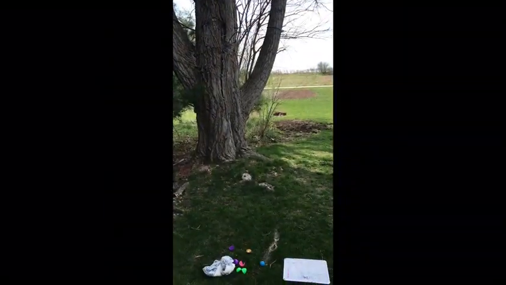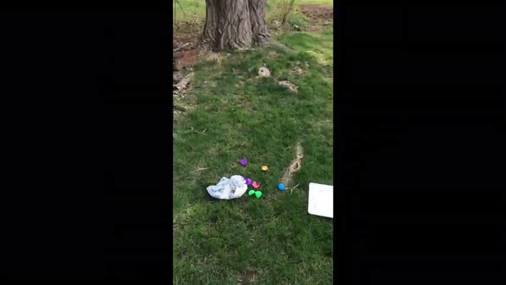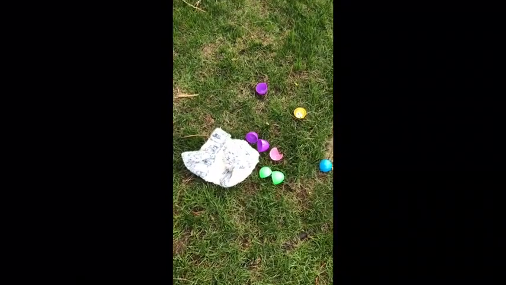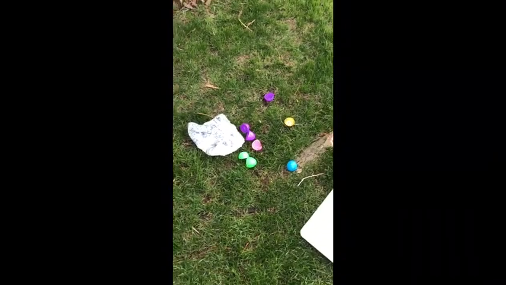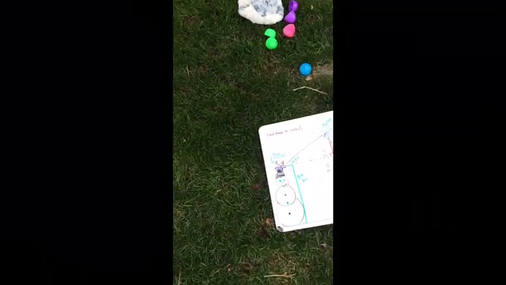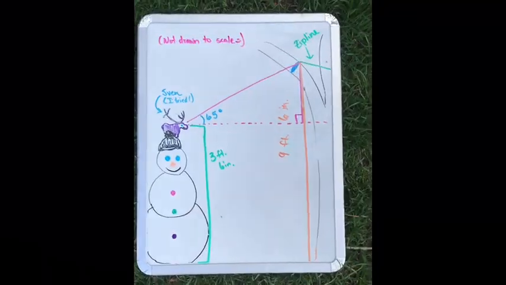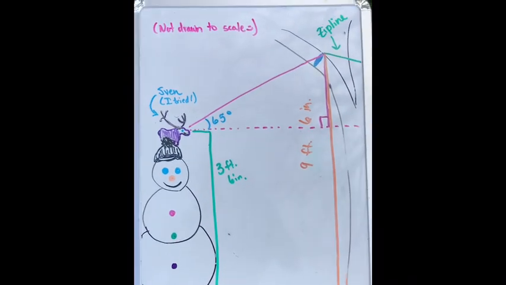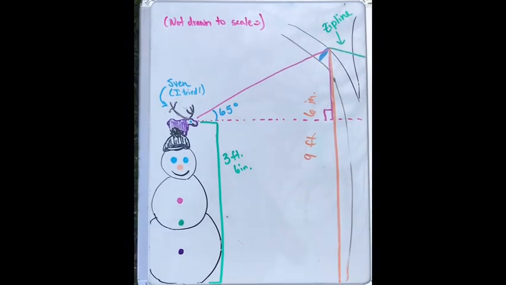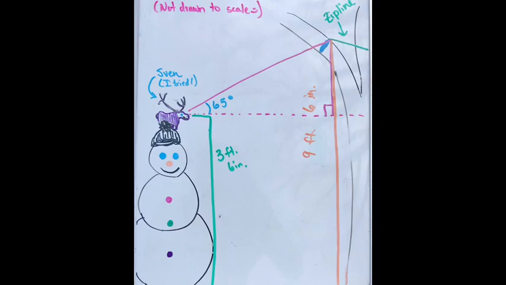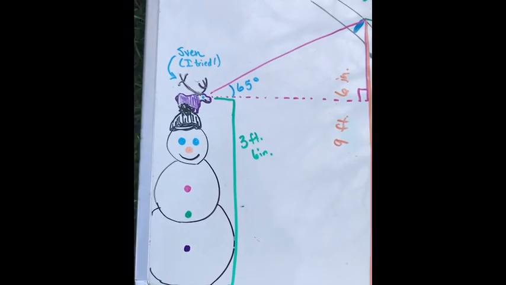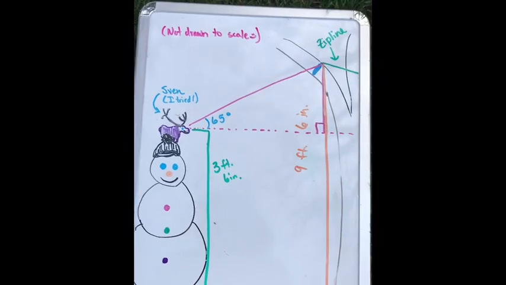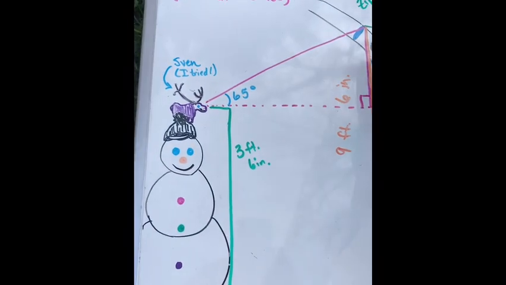All right, so I realized too late that I did not explain that well. Sven is no longer on the top of the snowman, so I thought I would explain this a little bit better. This is not drawn to scale, but you will see Sven, I really did try, on top of the snowman. Here is the start of this zip line.